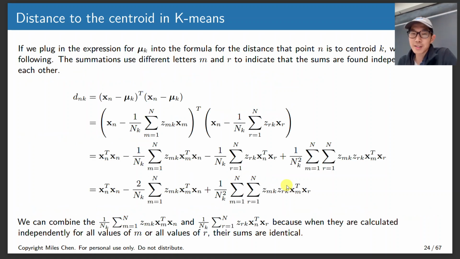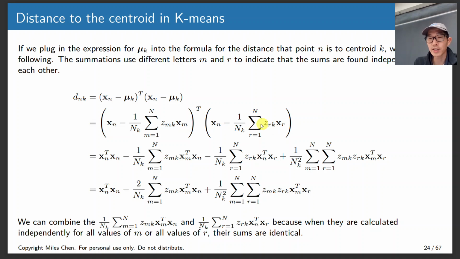And then this looks like a huge mess, and it is. But this is a way to express the distance to the centroid using just the inner product. So we could say, all right, what is the centroid? I'm going to just replace the centroid of cluster k with the expression z times x times 1 over n.